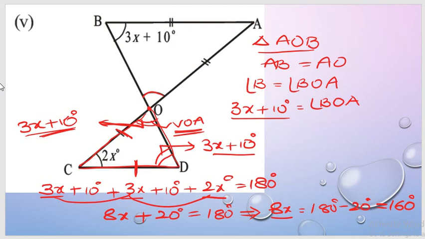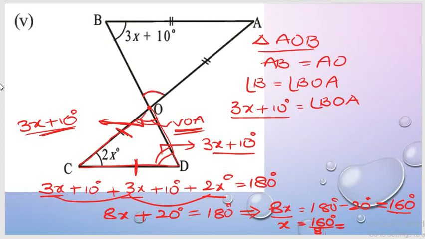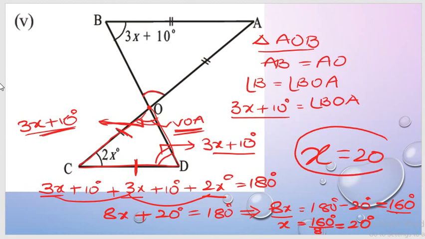So 8x is equal to 160 degrees, and x is equal to 160 degrees divided by 8. 160 divided by 8 gives you 20 degrees. The value of x is equal to 20. Right? So this is the answer for this question. All these problems are related to geometry.